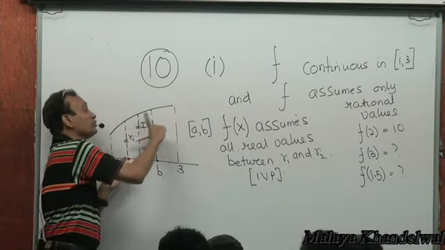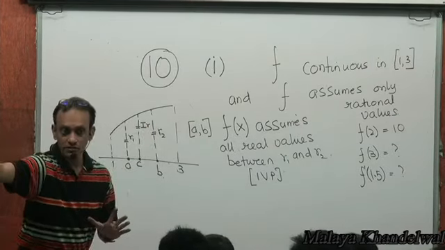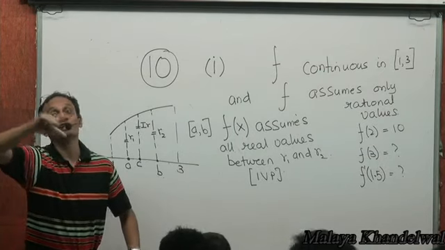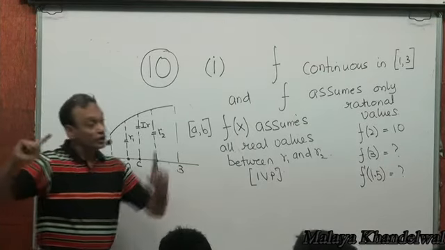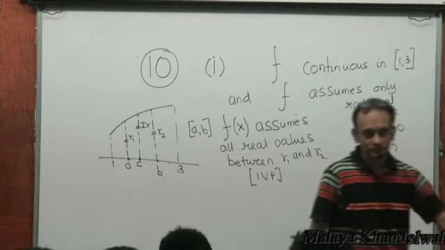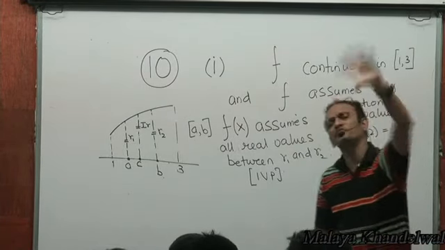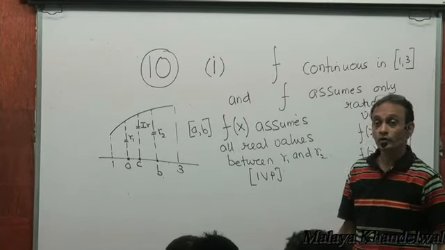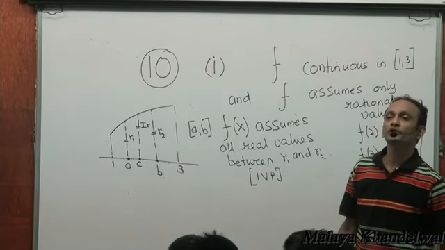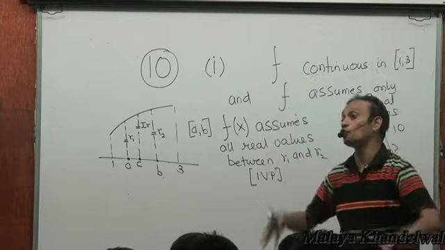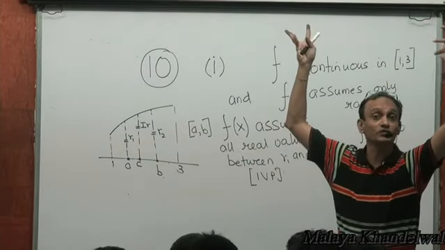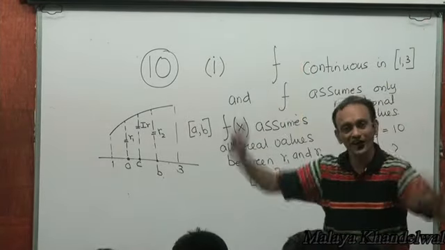If the function assumes different values at different points, then the function will assume rational as well as irrational values. If there is a continuous function and it assumes different values at different points, then it is not possible that it assumes only rational values or only irrational values. That's not possible. Yes or no?